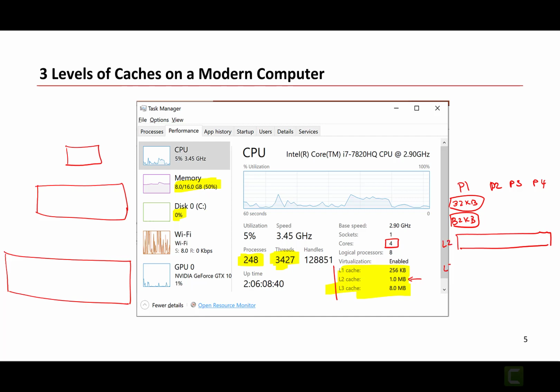And then my L3, in most processors, is definitely shared. L2 is going to be, of course, much smaller. It's 1 megabyte, and L3 is 8 megabytes. I have not drawn the boxes to scale here. Okay, so that's my cache configuration. So go and find out what you have on your computing system.